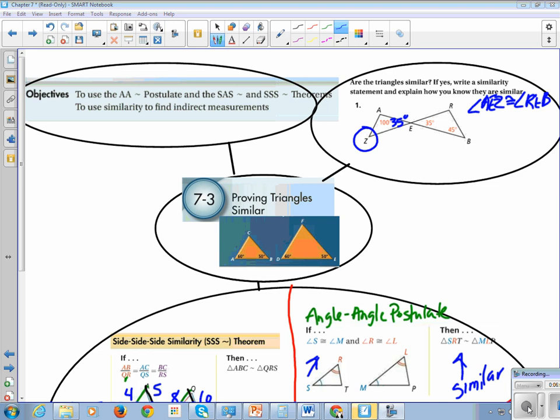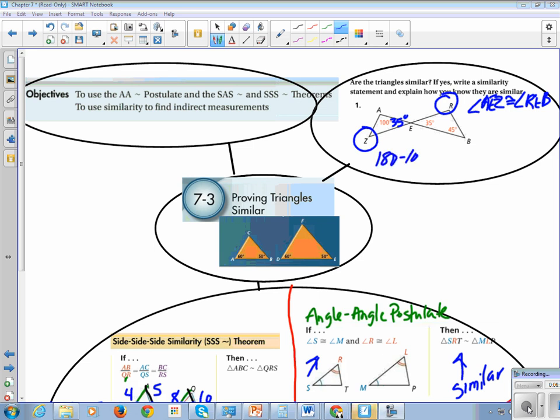Right. Yeah, let's find angle Z or angle R. Or just for fun, we can find both. So the triangle sum theorem says that all the angles inside of a triangle equal 180.